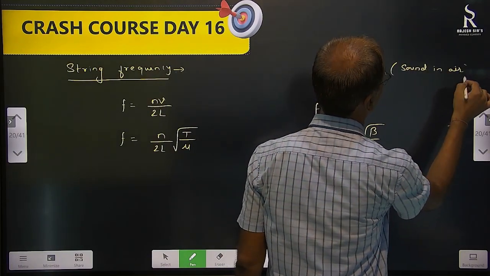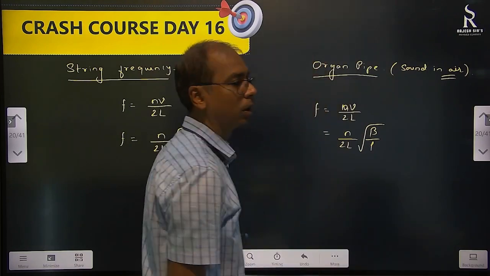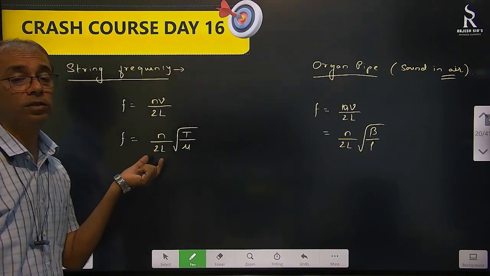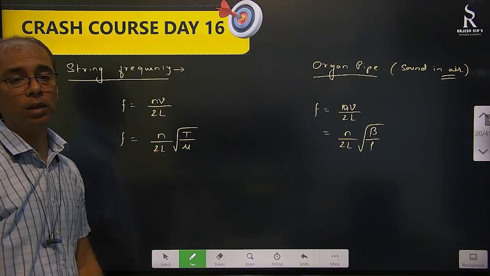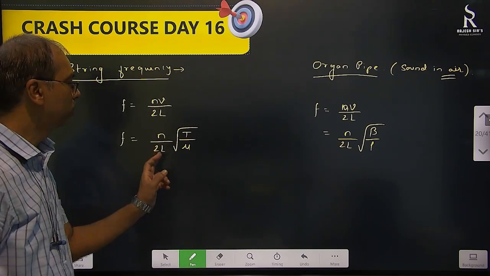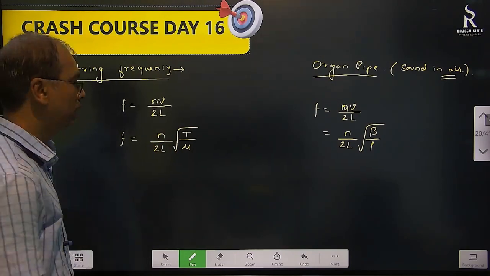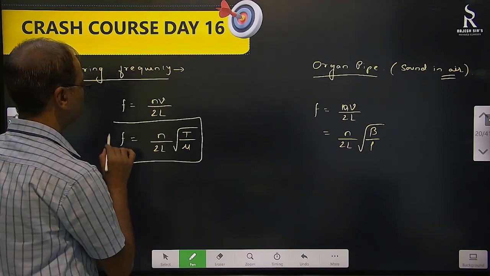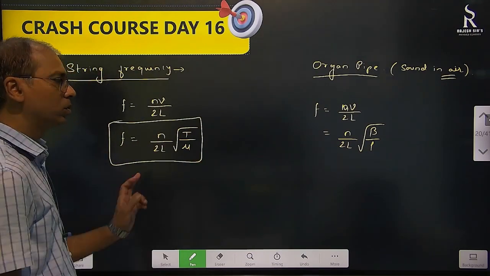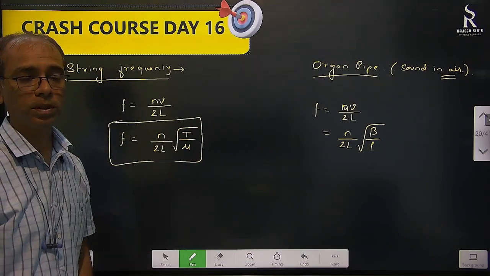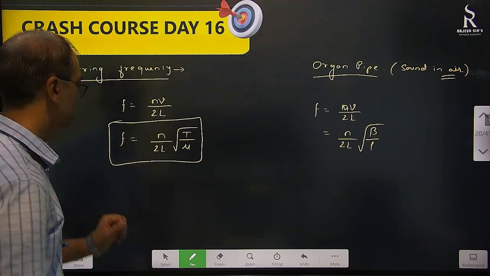The standing wave produced in the organ pipe is a longitudinal wave, whereas in the string the standing wave is a transverse wave. So N by 2L root over T by mu is for the string, and the other is for the organ pipe. Can we mix them up also? Yes, we can. How? Just see.